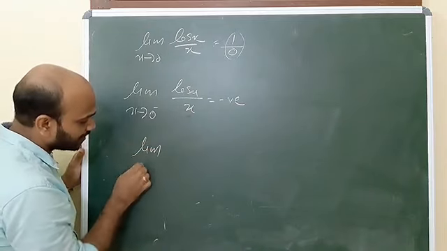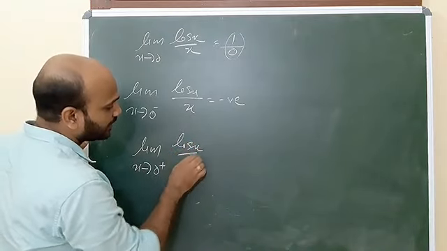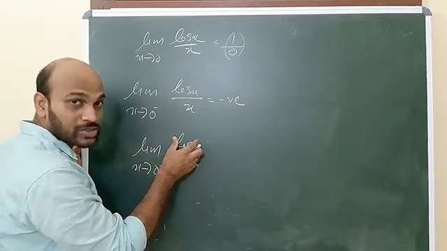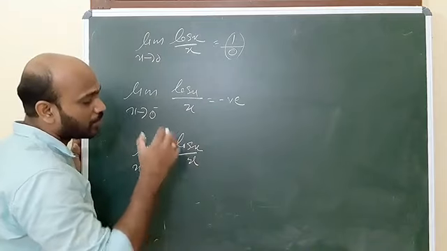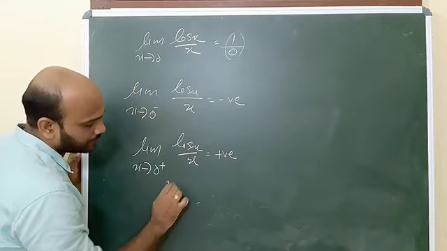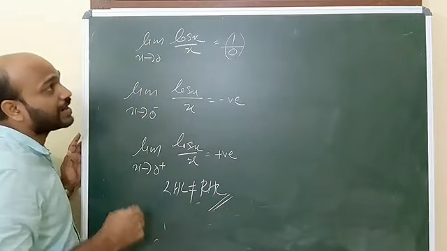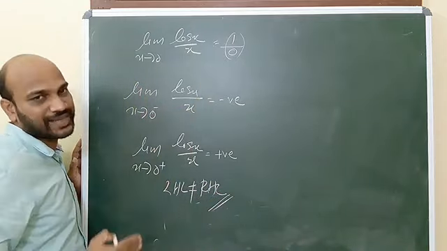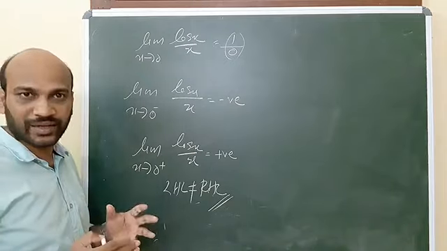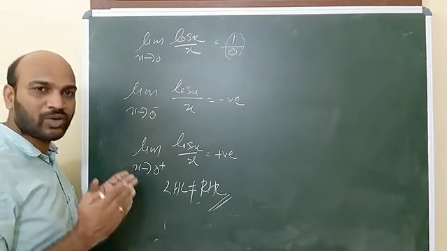Now, the right hand side, limit x tends to 0 plus cos x by x. x is very near to 0, but it is positive. So the numerator will be positive, the denominator also positive. Positive by positive equals a positive value. That means LHL not equal to RHL. That means if we are getting 1 by 0 form, we can directly say that the limit does not exist. If you are getting 0 by 0 form, then you have to factorize. 1 by 0 form, limit does not exist. 0 by 1 means the limit will be equal to 0.